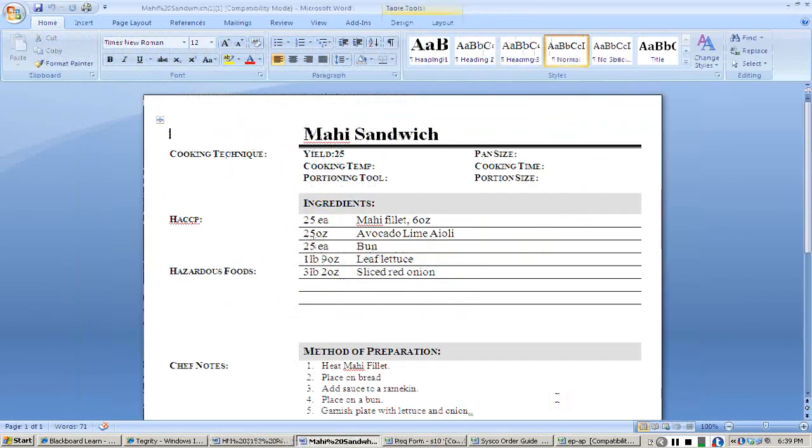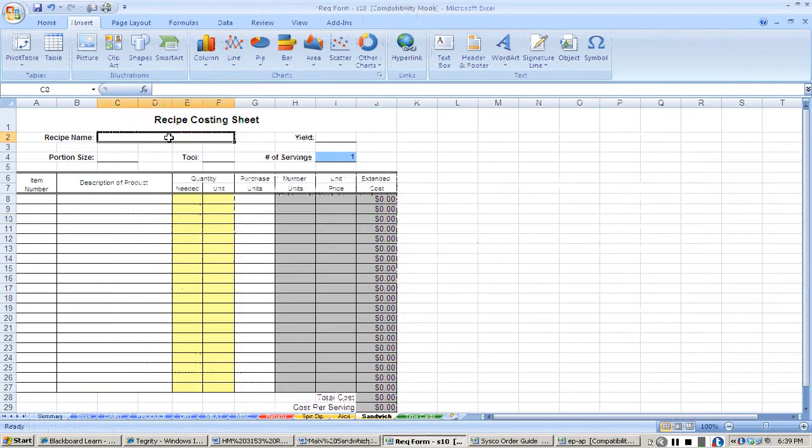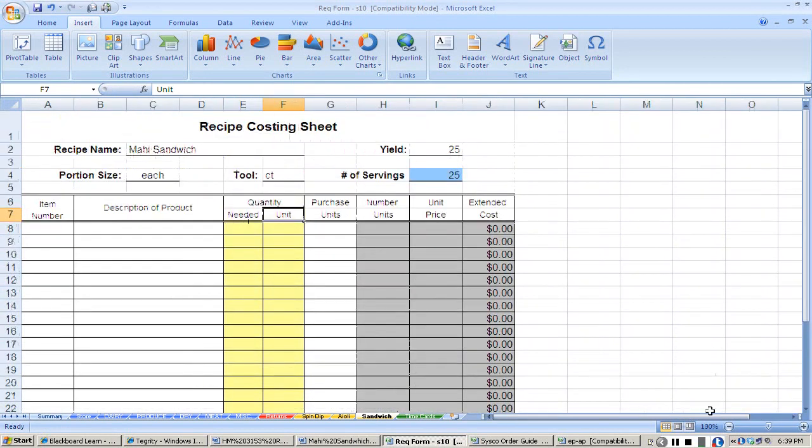So we'll start building our costing sheet. So for the sandwich, we got the mahi sandwich. Yield is 25. Number of servings is 25. Portion size is each. Tool is count. And I'm not too concerned with how you put those in. Actually, I don't really even grade that part of it.